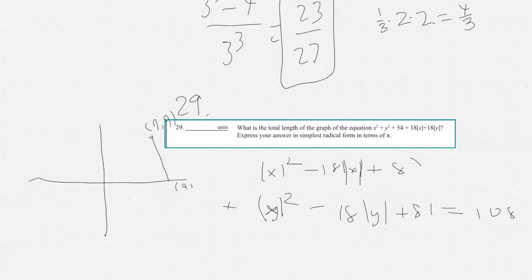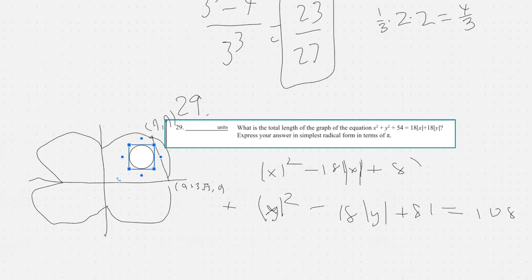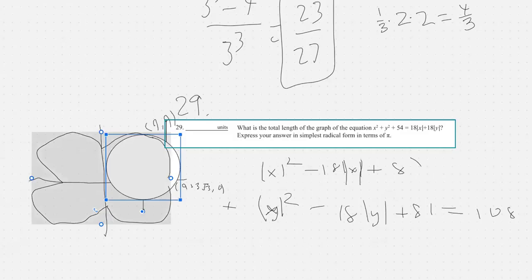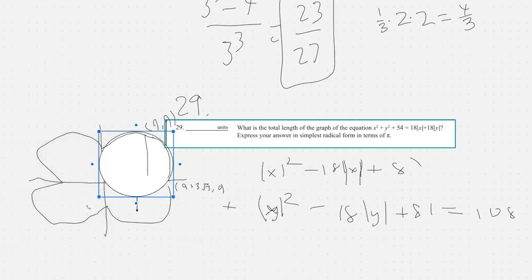So if you just keep drawing this, then you can also find that this angle right here is 60 degrees.